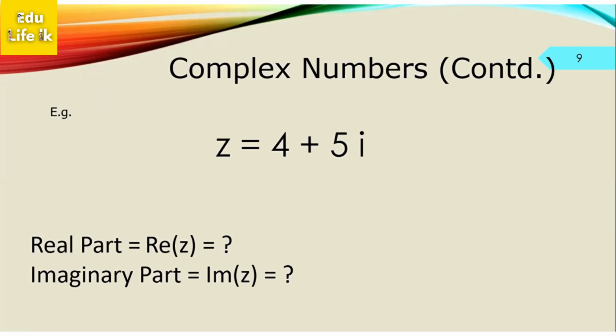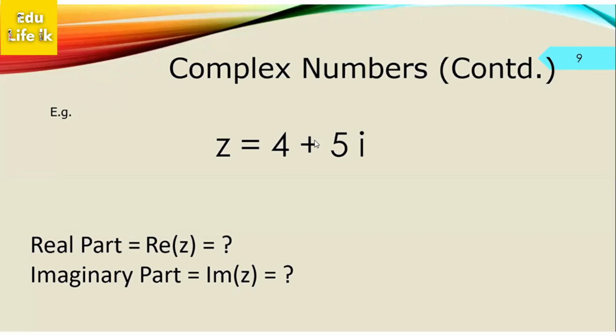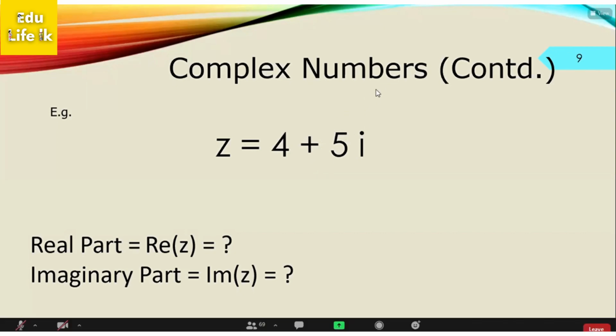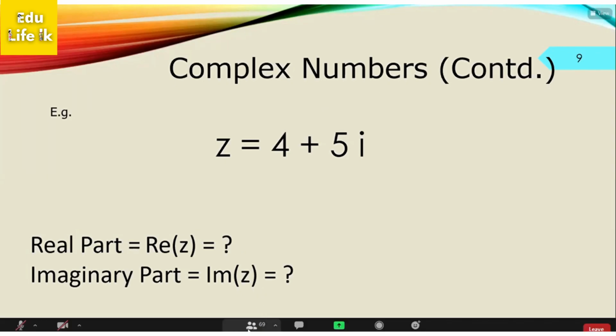Real part of z is 4. Imaginary part of z is 5. Okay. Any other answers? Anyone having different answers? Or do you all agree with her answer? Yes, madam. Okay, correct. The real part of z is 4. Imaginary part of z is 5.